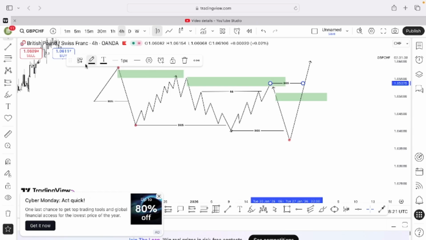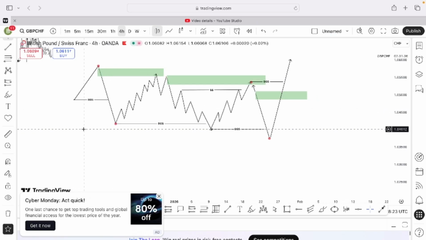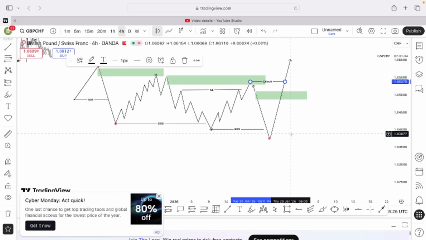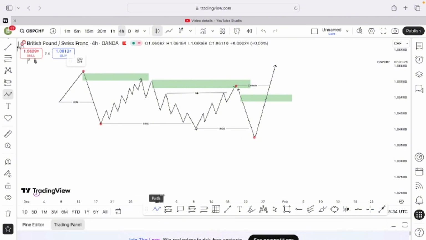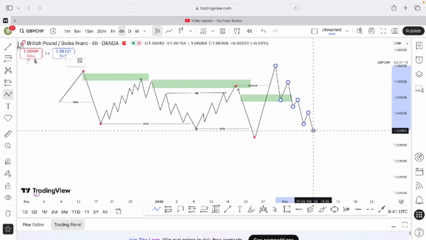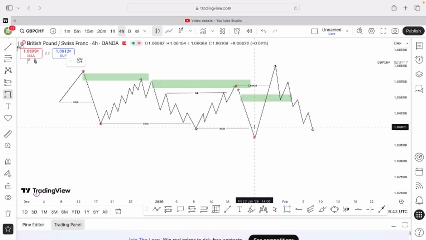After getting a change of character, that shows that the market is no longer going in a downtrend or a bearish trend. Now we are entering the bullish trend, guys. Some of the other traders will tell you to wait for another confirmation, whereby the market will pull back into an area of interest, tap into it, and then it will buy around here.